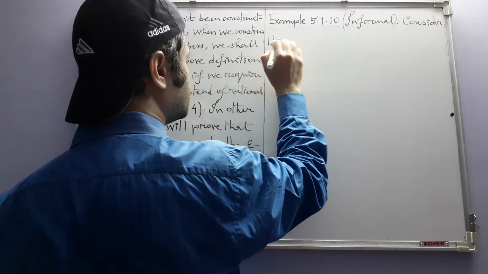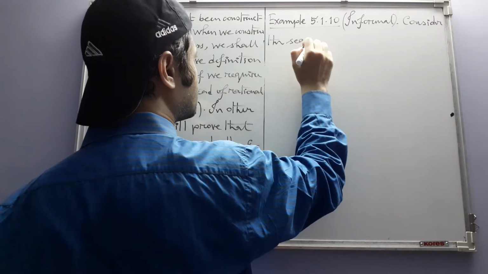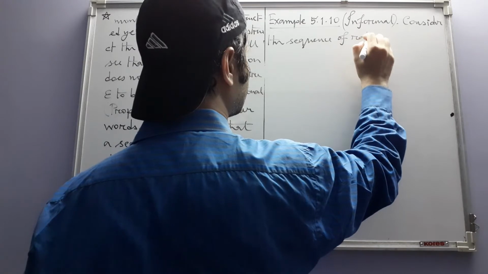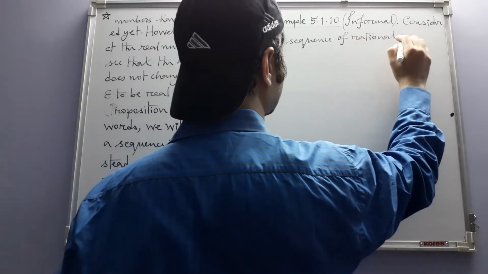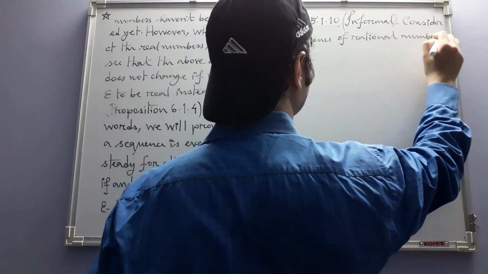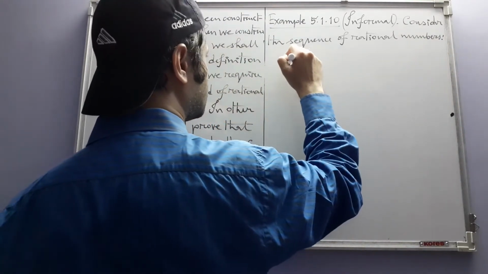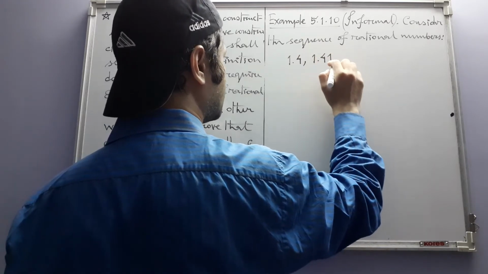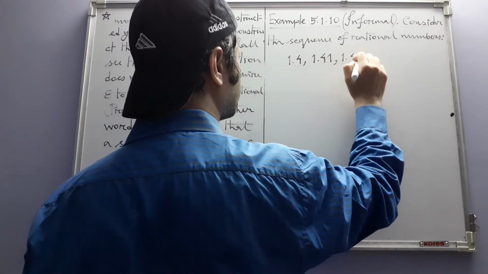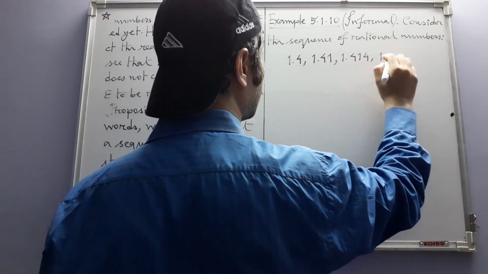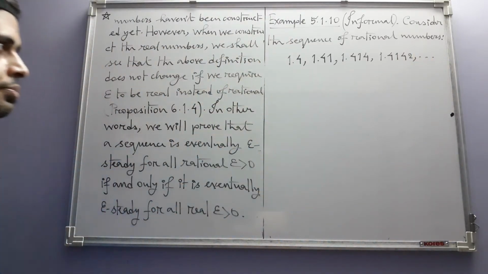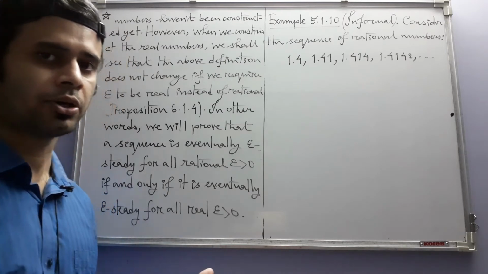Consider the sequence of rational numbers 1.4, 1.41, 1.414, 1.4142, etc. Okay, we considered this sequence in section 4.4.